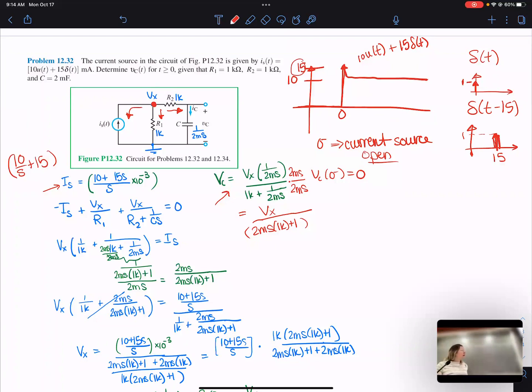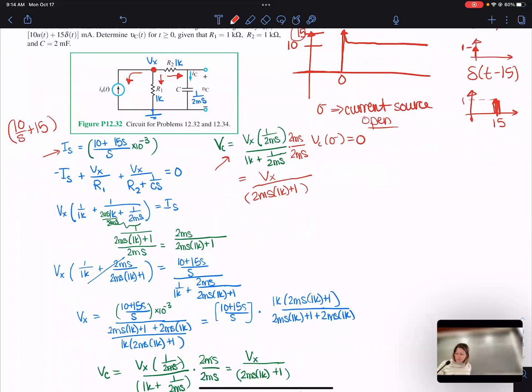So again, I combined the bottom. I multiplied this term by the 2 milli S. So it turns into that term again, Vx over 2 milli S, 2 milli S 1K plus 1.